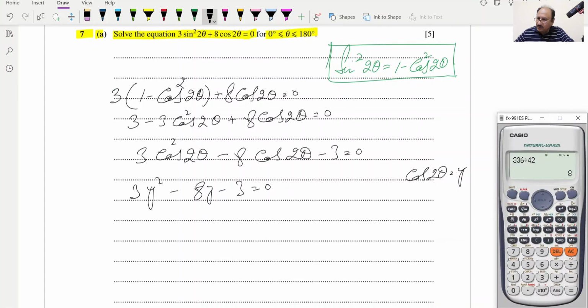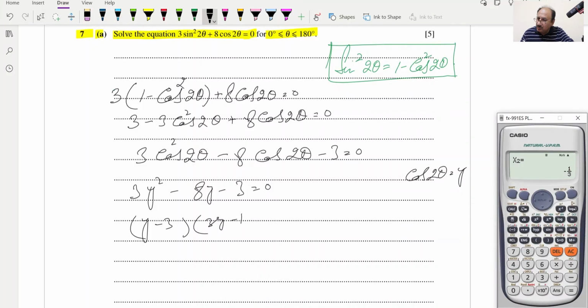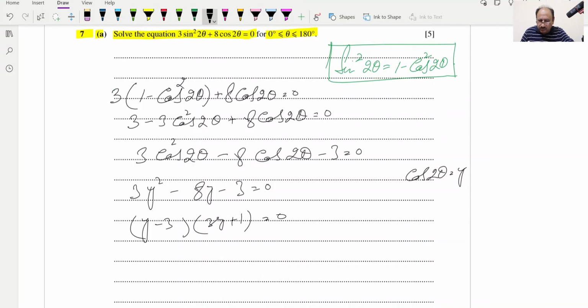And now we can find the roots of this quadratic equation. We can use the quadratic formula or factorization. So the y square coefficient is 3, the y coefficient is minus 8 and the constant value is minus 3, and this will result in 3 and minus 1 by 3. So (y minus 3)(3y plus 1) is equal to 0.